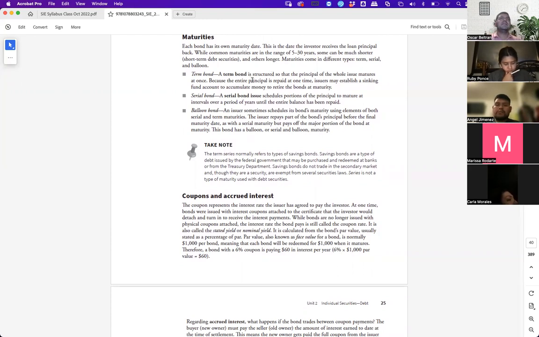Because the entire principal is repaid at one time, issuers may establish a sinking fund account to accumulate money to retire the bond at maturity. So the way you want to think about it is kind of like term life insurance. If that happens to that person, they're going to receive a death benefit. That's the way you want to picture it. Any questions so far?